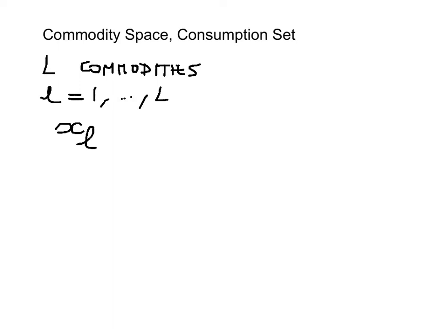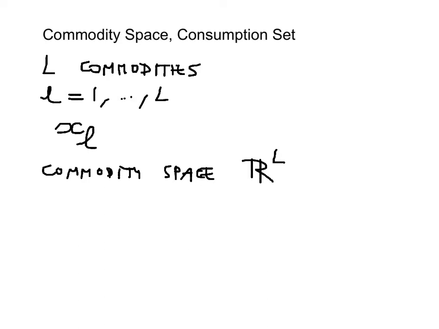So the commodity space, let's just write this. Commodity space is simply a Cartesian product, R^L, which is basically all the possible combinations of commodity amounts that are being consumed or purchased.